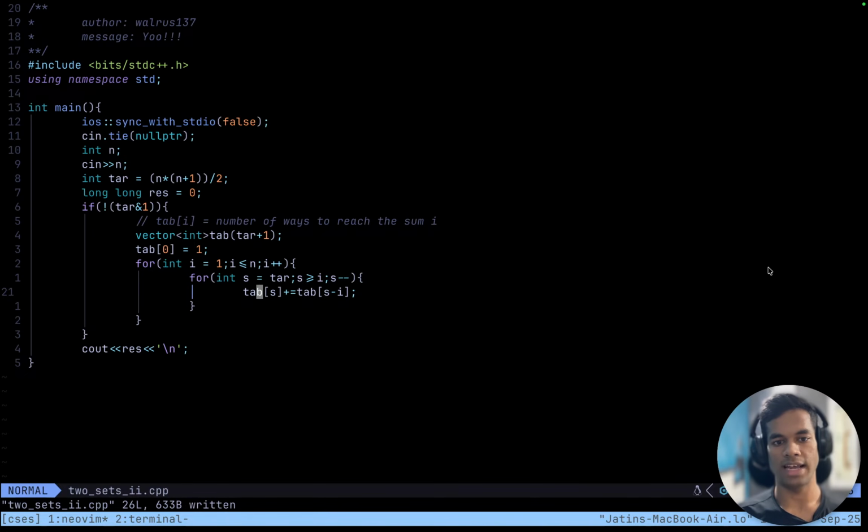And we are saying tab s right now has the number of ways to get to the sum s using i minus 1 coins. And if we do use this ith coin, then tab s would be reachable using the earlier number of ways it was reachable, plus now new number of ways, because we have the ability to use this ith coin.